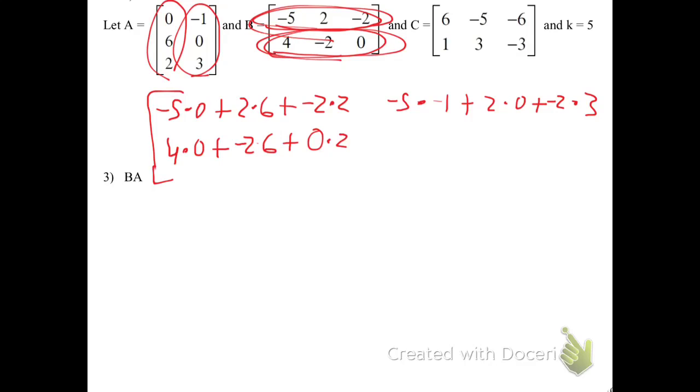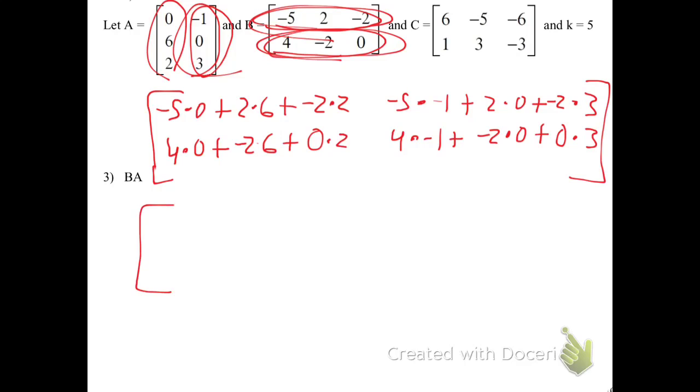And now we're going to do second row times second column. So 4 times -1 plus -2 times 0 plus 0 times 3. Okay? And so those are all the calculations we need to figure out.